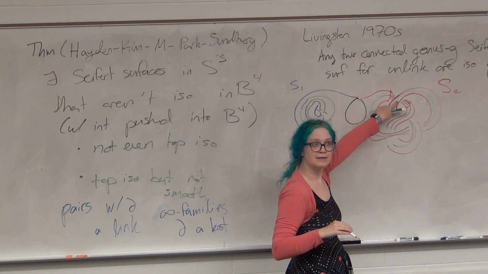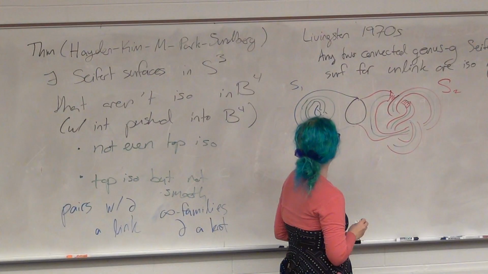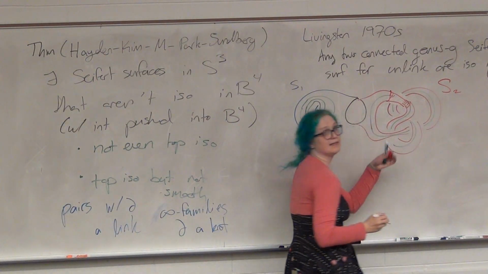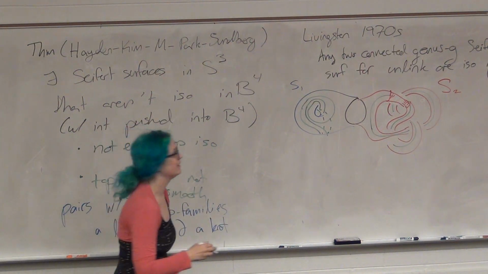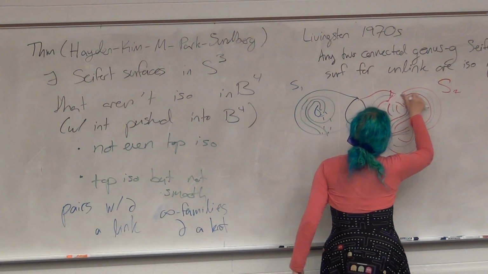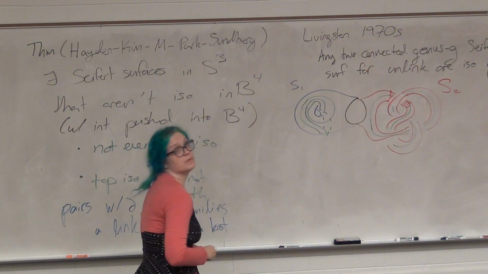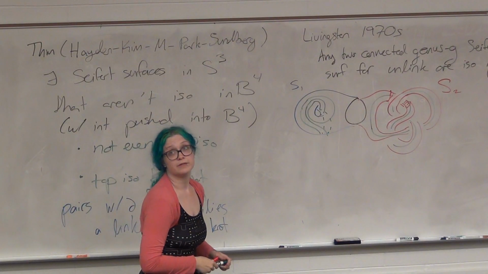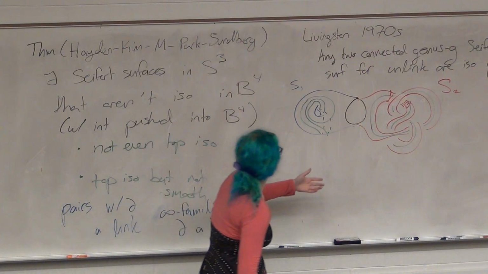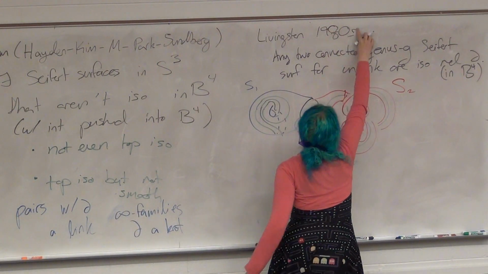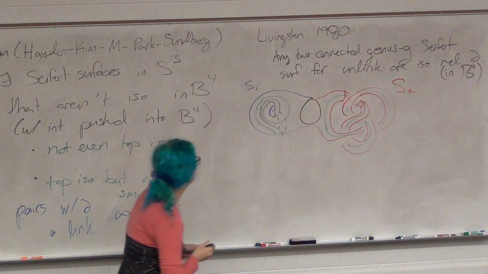Does that make sense? Okay. So that means once I have a fourth dimension of freedom, I can change this crossing, and now they're isotopic. Okay. So in this paper, Livingston observed that there were much more interesting examples in the literature at this time of Seifert surfaces, and I said 1970s, but I just realized it's 1980 exactly, so almost.